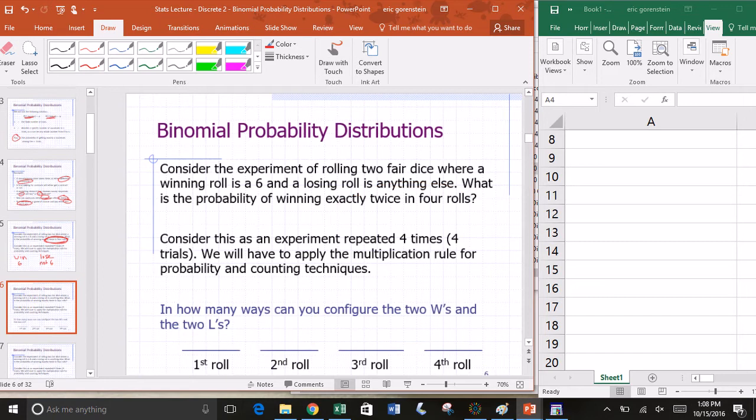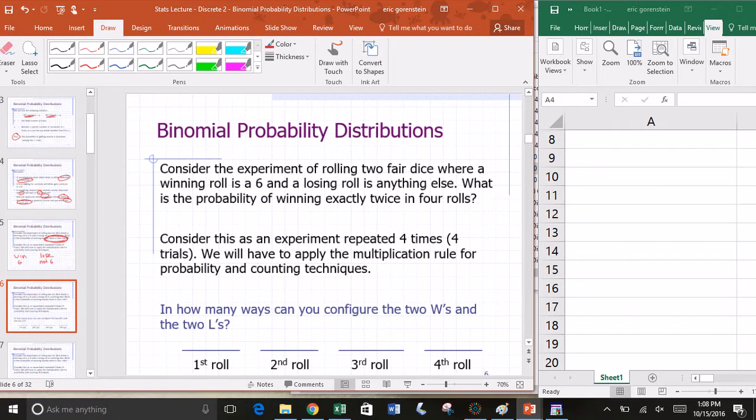Okay, so basically, we have to think about how many different configurations are possible with the winning and losing. Because remember, when we're calculating probabilities, we're using simple outcomes. We have to count the number of simple ways an event could happen.